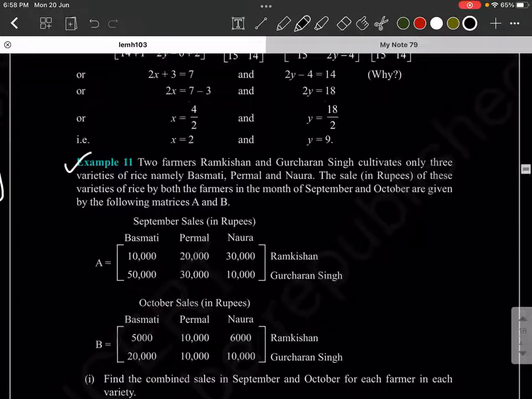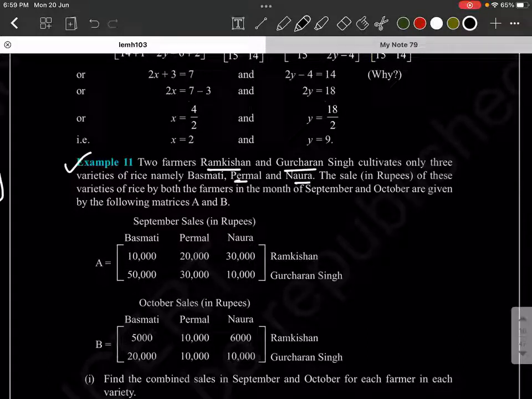Now let us see example 11. How to convert a given statement into a matrix form and then solve it. There are two farmers, Ram Kishan and Gurcharan Singh, who cultivate only 3 varieties of rice, namely Basmati, Permal, and Nora.